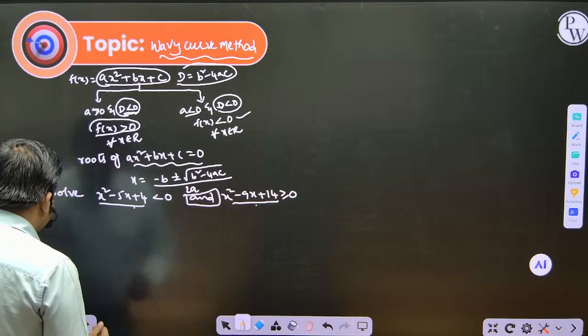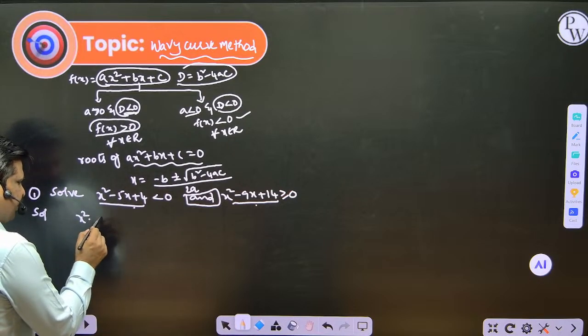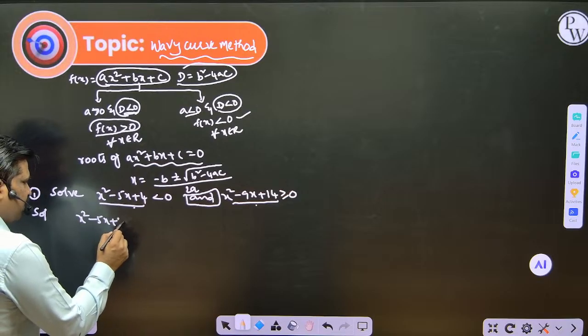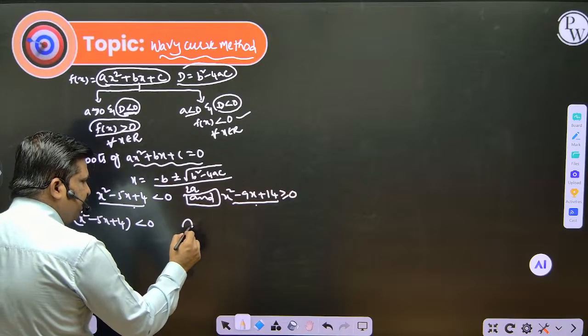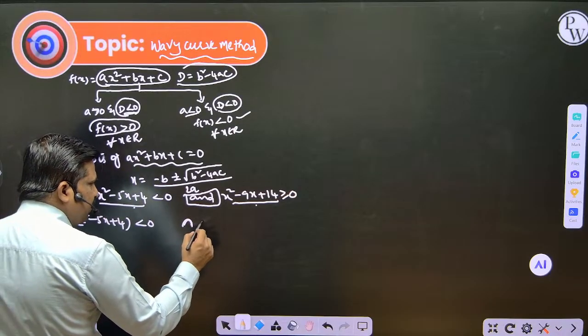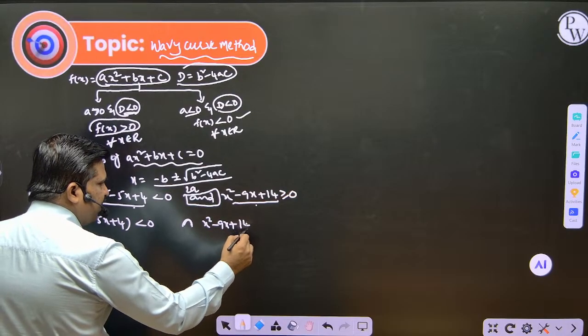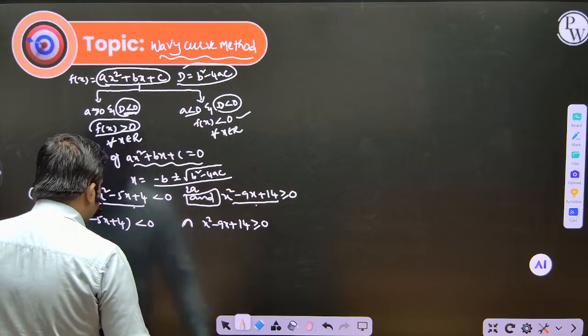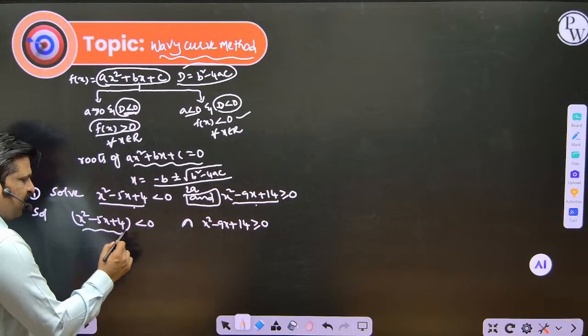So first try to solve x square minus 5x plus 4 less than 0, and, with the notation of intersection, x square minus 9x plus 14 greater than or equal to 0. But you look here, this is a quadratic expression.